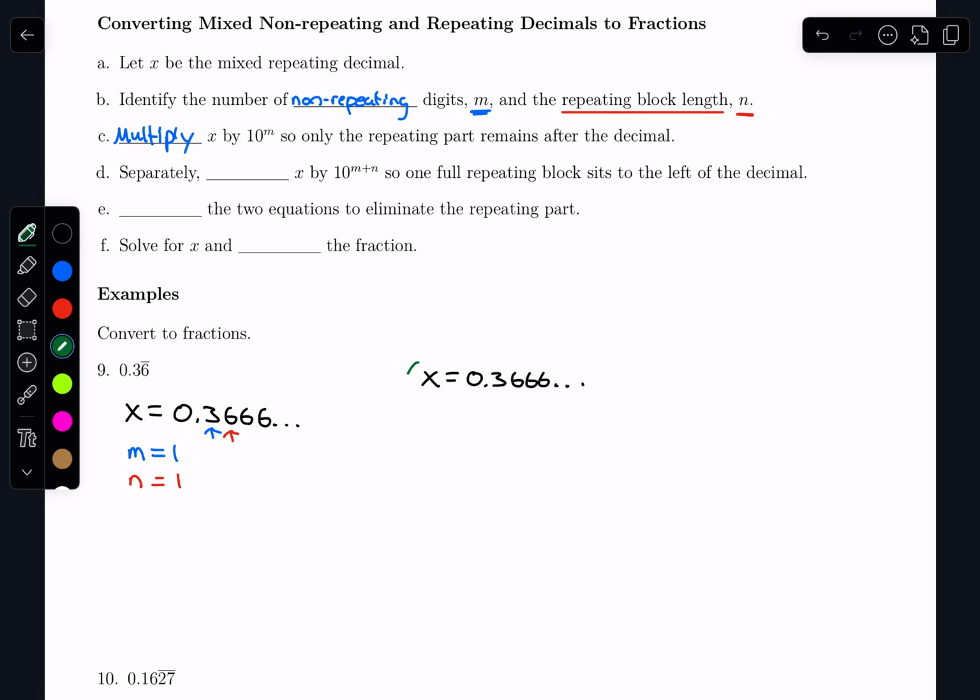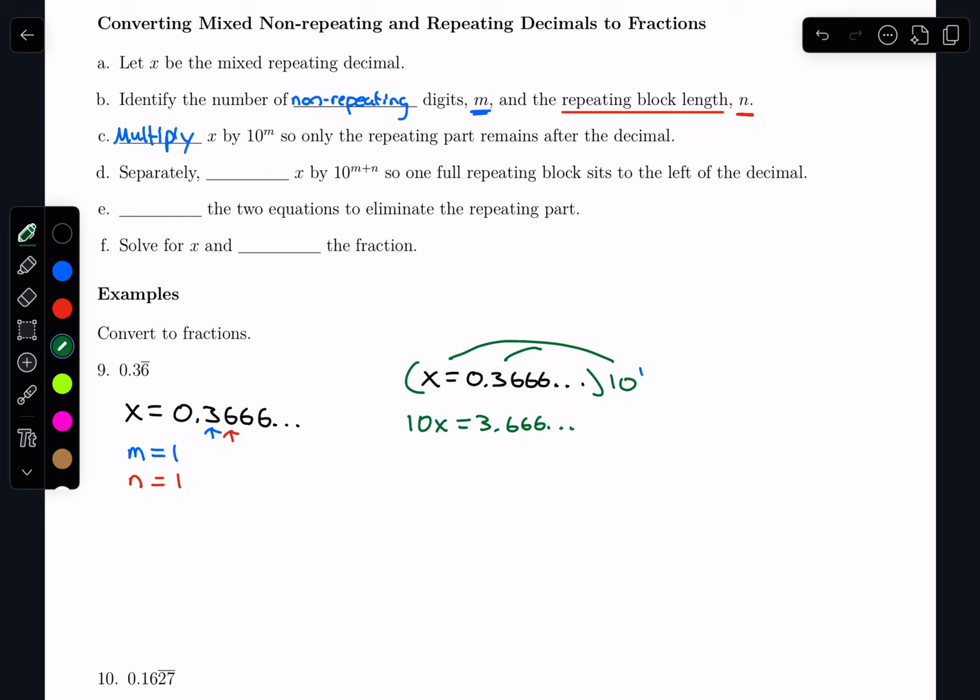We're going to multiply this thing by 10 to the power m, which is 10 to the power 1 in this case. When I do that, I distribute this 10 to both sides, and I get 10x is equal to, I move the decimal place once on the other side, and it's 3 point, and then all these 6's that keep going. So we have one equation now that says 10x equals 3.66666, and the 6's keep going.